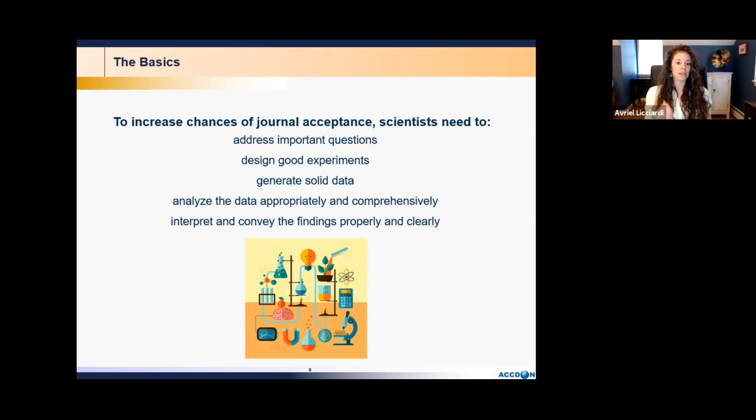You want to make sure that you're analyzing your data appropriately using the appropriate statistical framework, making sure that it's comprehensive so that you're not caught off guard by, say, a reviewer who wants you to analyze your data differently. And you need to interpret the data appropriately and then convey the findings properly and clearly in your manuscript.